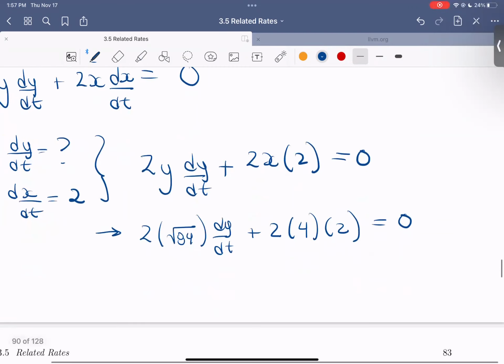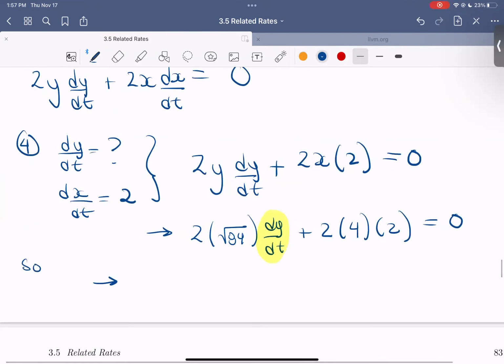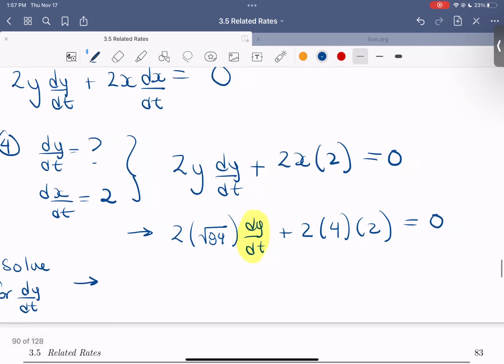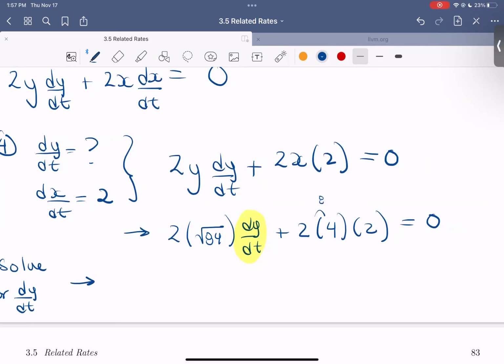So now, super cool, look what we have: an equation with just one unknown. And that one unknown is the change of y with respect to time, which is what we want to solve for. So now we can just solve for dy/dt. We subtract this 4 times 2 is 8, times 2 is 16. This is just 16.